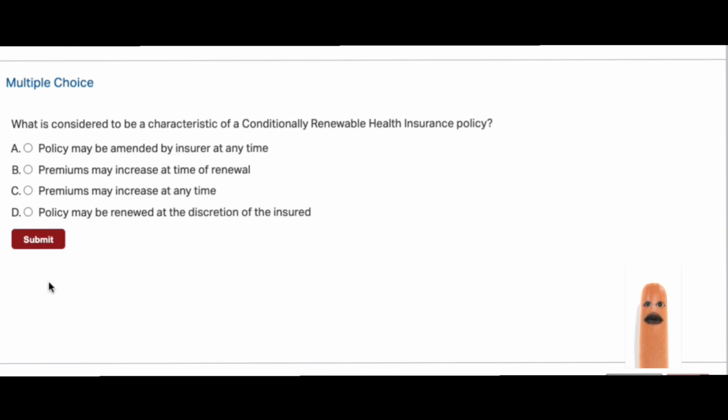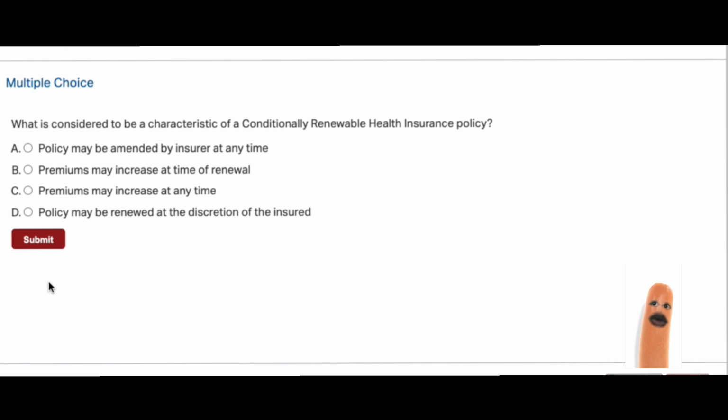What is considered to be a characteristic of a conditionally renewable health insurance policy? A, policies may be amended by the insurer at any time. B, premiums may increase at time of renewal. C, premiums may increase at any time. D, policies may be renewed at the discretion of the insurer.